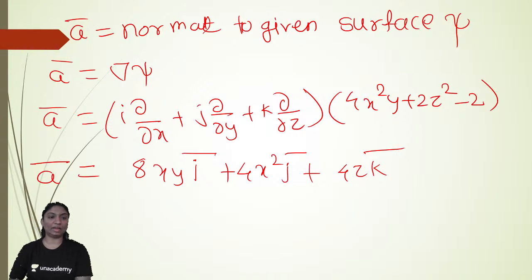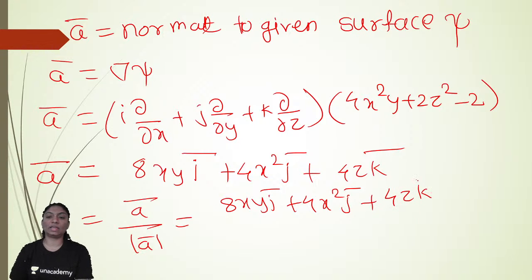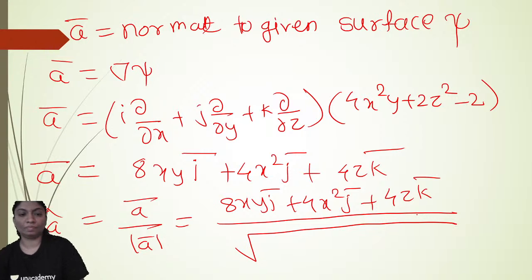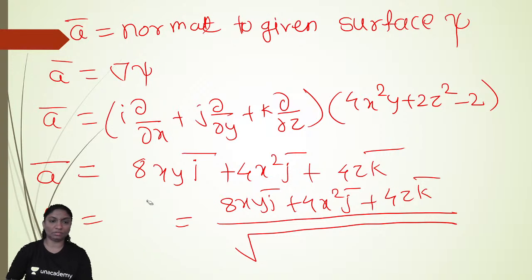Now we will calculate a cap. A cap is equal to a bar upon mod of a bar. So a bar is 8xy i bar plus 4x square j bar plus 4z k bar upon mod of a bar. Now this is only a bar, but we haven't found it at the point.